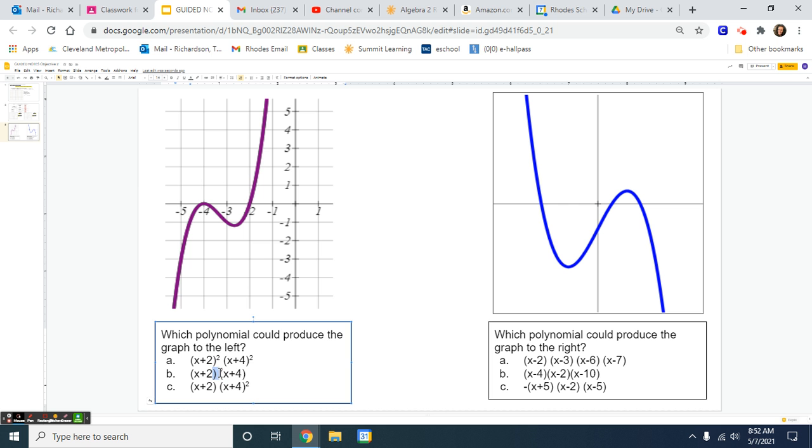The second one, I don't see any exponents, but if you don't see a number, you can always assume that there is a 1. So if I did 1 plus 1, that would be 2, right? That's an even number, so that's not odd. My last one would be 1 plus 2, that's 3. Here is my odd degree, so that would be my answer.